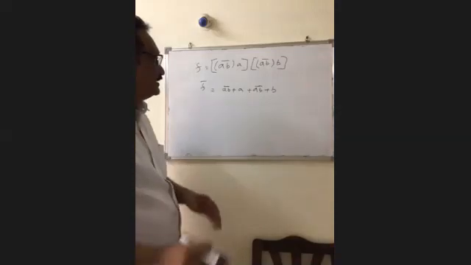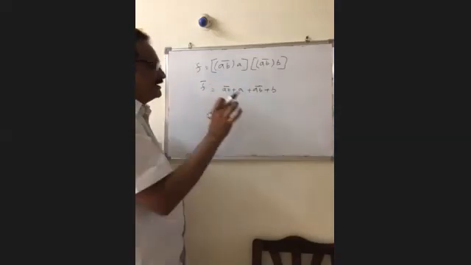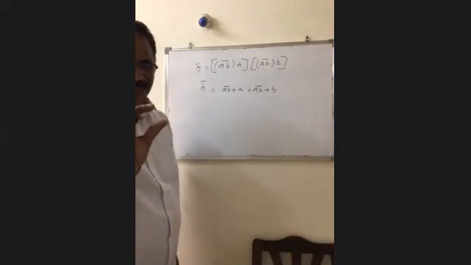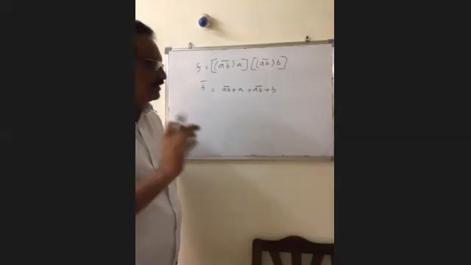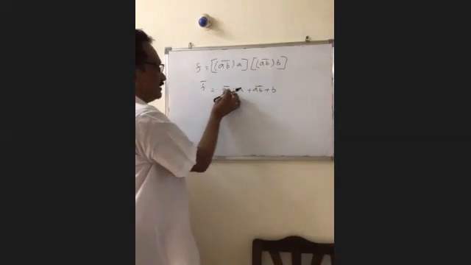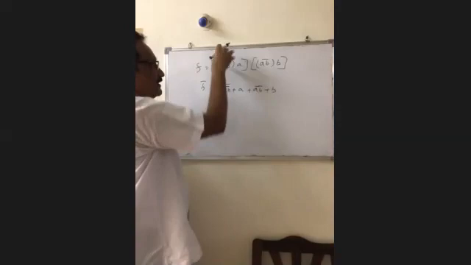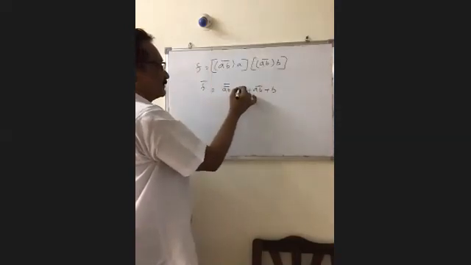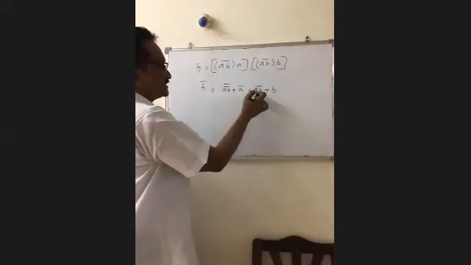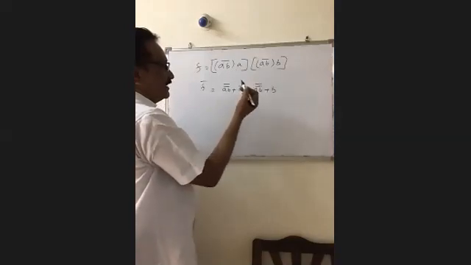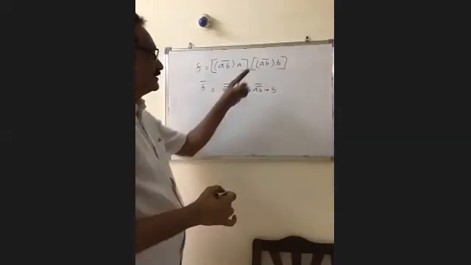For your convenience, write AB bar as x. While writing the complement of that one, AB bar bar, plus the complement of A bar, plus AB bar bar, plus the complement of B bar.